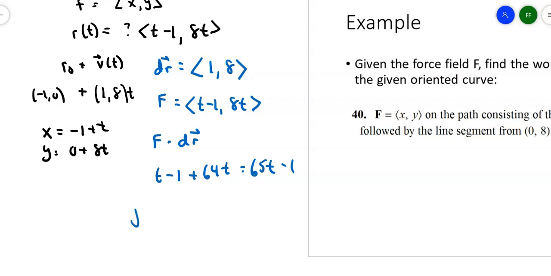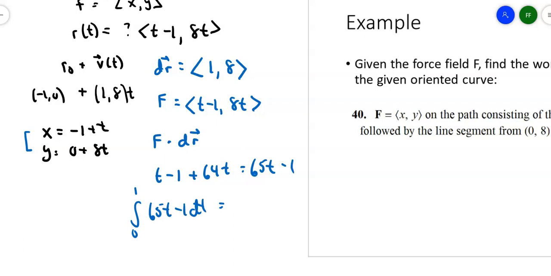Now we have to integrate that. Well, our limits of integration are going to be from 0 to 1, because if I go back to this step over here, put a 0 in for t and I get (-1, 0). Put a 1 in for t and I get (0, 8), and those are the two endpoints of my segment. So I'm going to integrate from t equals 0 to t equals 1 of 65t minus 1 dt.